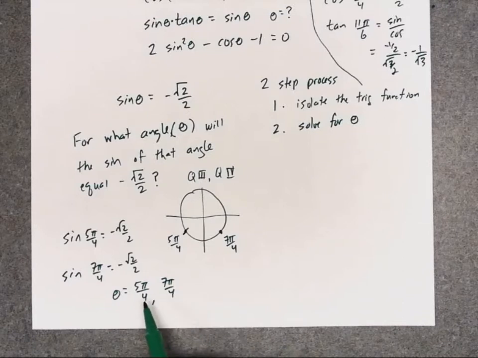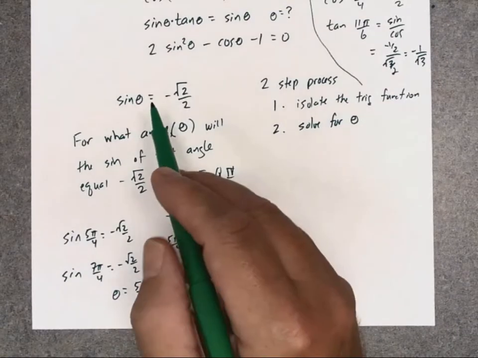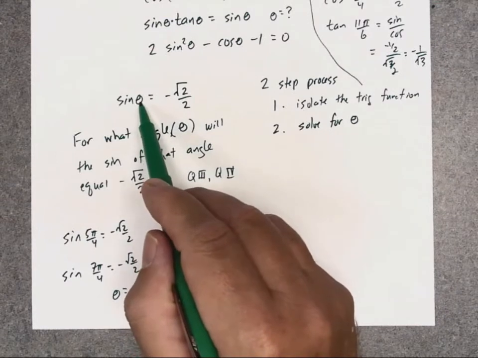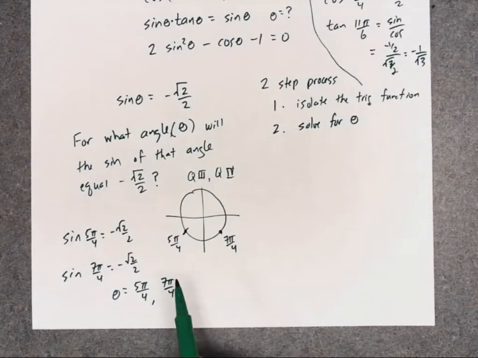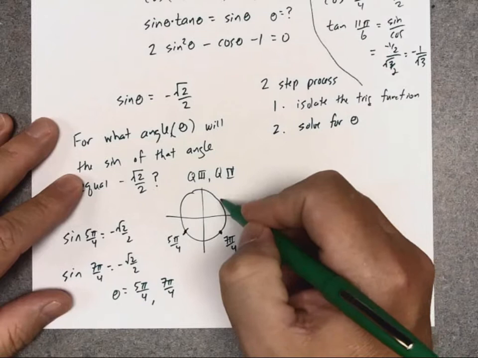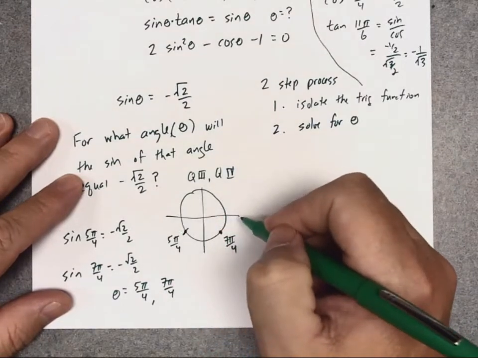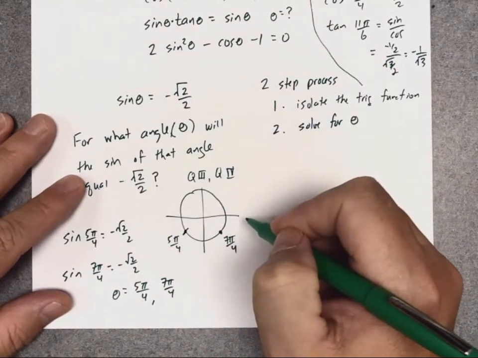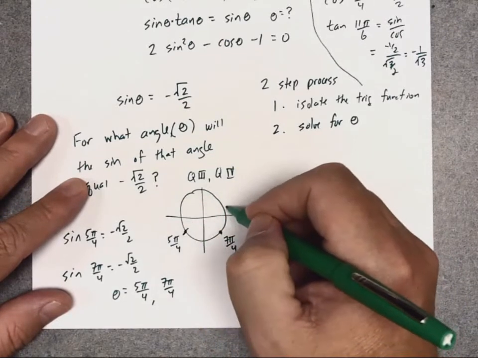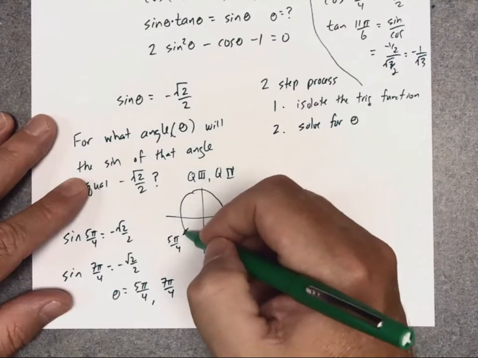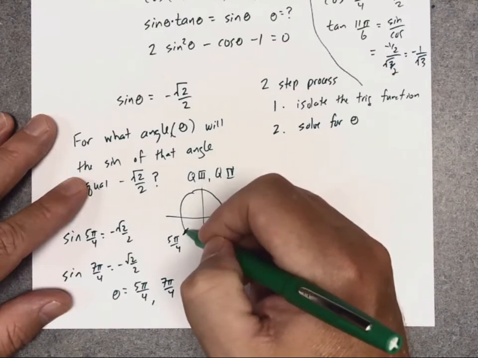But we're not really done yet. Because I'm looking for all the angles that will make this equation true. And I found 2 angles, but what I did was go around the unit circle once. But what would happen if I decided to go around the unit circle once and then started to go around it again and stopped here at 5 pi over 4?